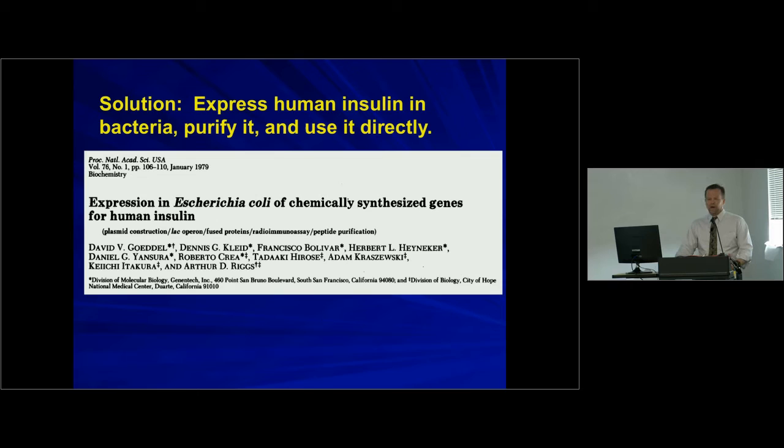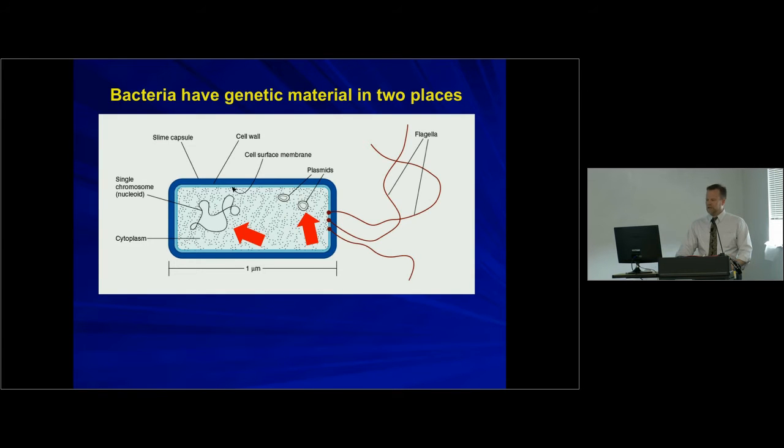And it's important to remember how this works. This slide shows a model of a bacterium that reminds us that its genome, all of its genetic material, resides in two places. One, it's inside this circular chromosome, but it's also in these small things called plasmids, which are small circular pieces of DNA. And the small circular pieces of DNA are what we as scientists manipulate in order to add a gene.